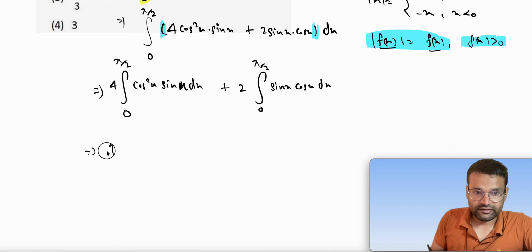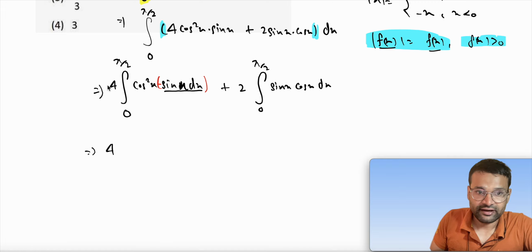Now we solve this one. If we replace this, there is a minus sign, and because of this minus sign we can replace it here with a minus sign.